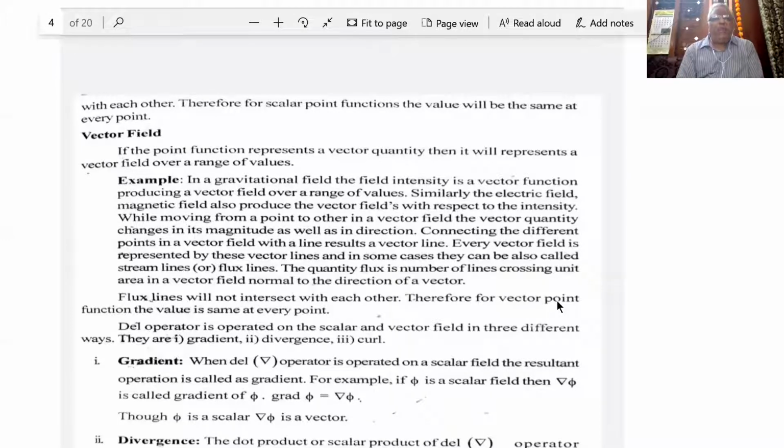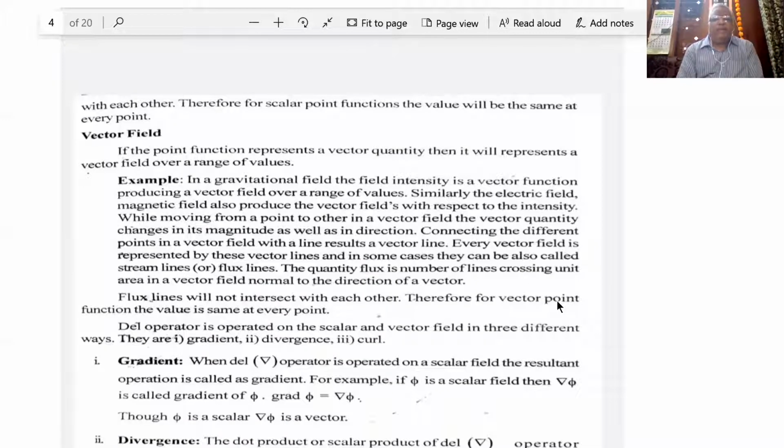While moving from one point to another in a vector field, the vector quantity changes in magnitude as well as direction. Connecting the different points in a vector field with a line results in a vector line. Every vector field is represented by these vector lines. In some cases, they can also be called streamlines or flux lines.